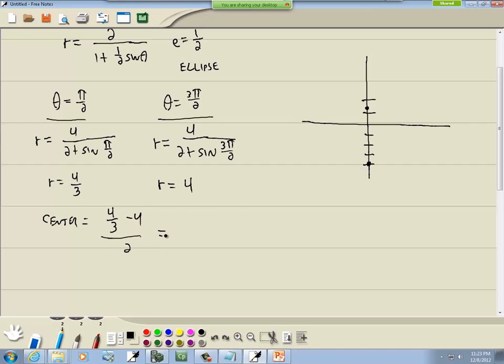And divide by 2. So multiply everything by 3. So that gives me 4 minus 4 times 3 is 12, and 2 times 3 is 6. So that gives us negative 8/6 or negative 4/3. Negative 4/3 would be about right here, and that seems pretty reasonable considering it's halfway in between those.